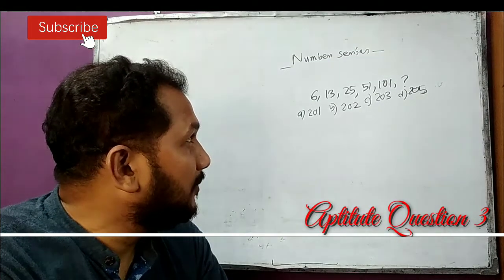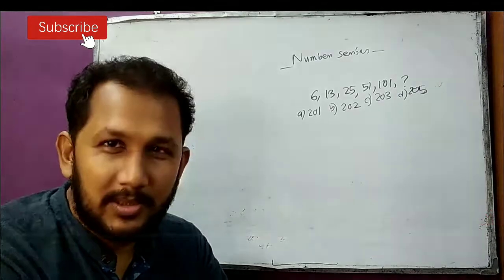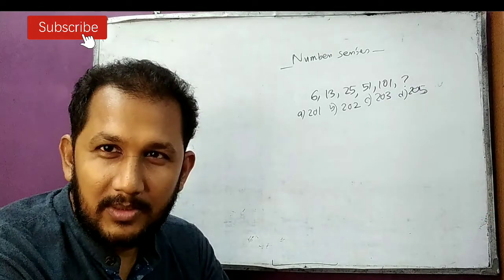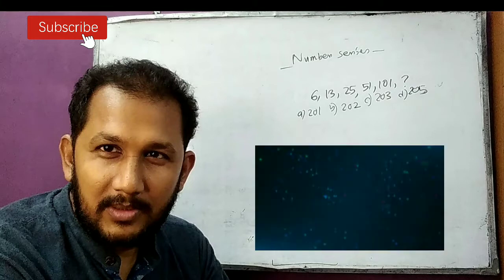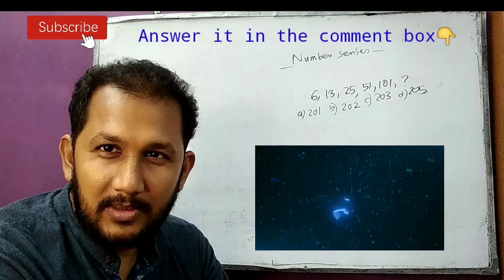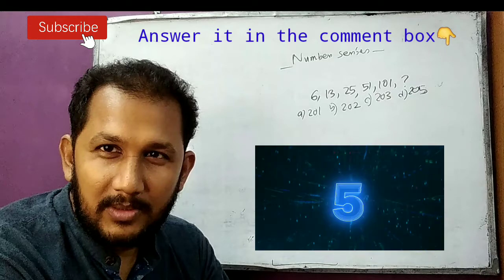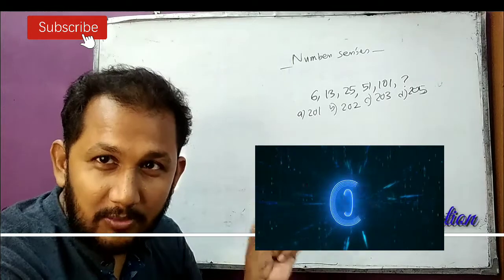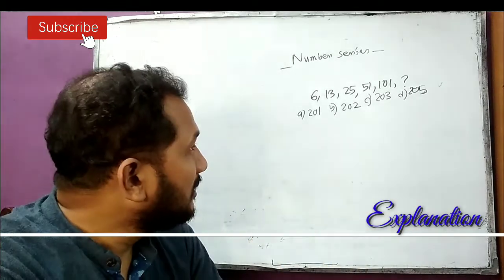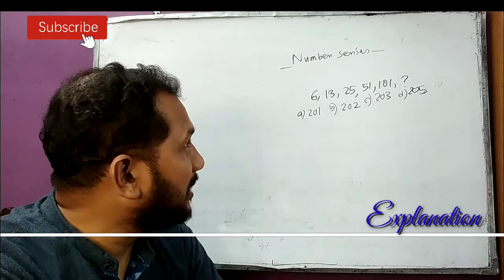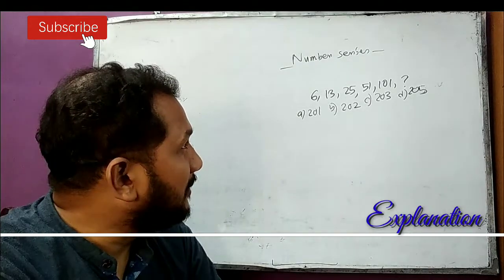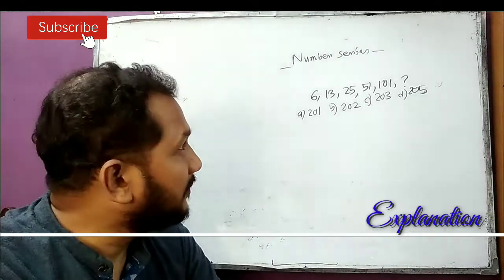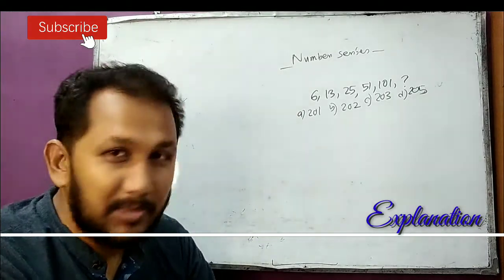Next question: 13, 25, 51, 101 and question mark. Is there any gap sequence between the numbers? 13 minus 6 equal to 7, 25 minus 13 equal to 12, 51 minus 25 equal to 26, and 101 minus 51 equal to 50.